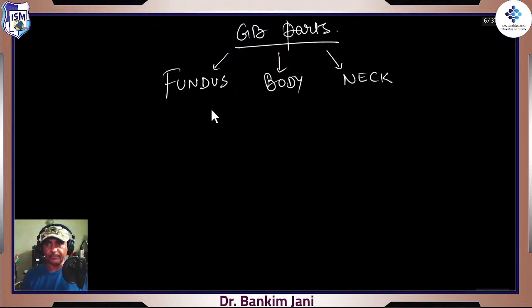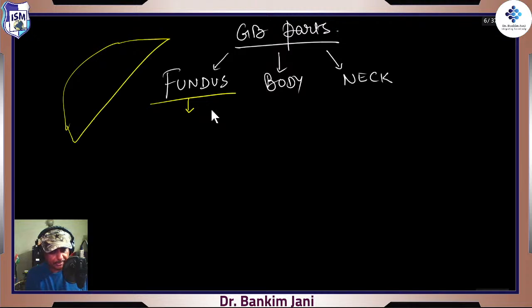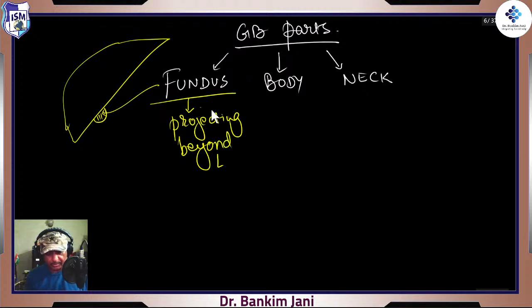Now see, regarding the fundus, I'm just writing important points. When we draw that this is the liver, and then we draw gracefully that this is the gallbladder, actually this is the fundus of the gallbladder. That's where it is seen projecting beyond the liver.